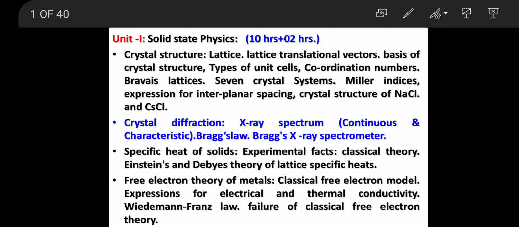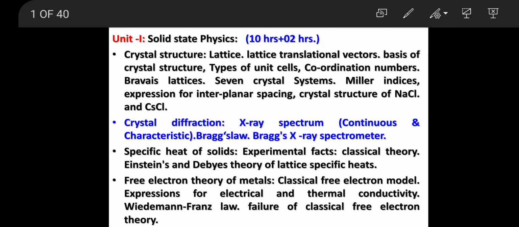Based on this, you need to work out problems not only in this chapter but also in the forthcoming chapters. And you have detailed crystal structures of only two solids, that is sodium chloride and cesium chloride.